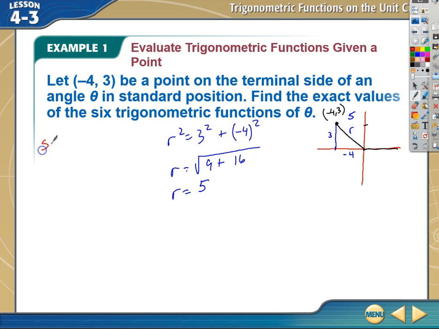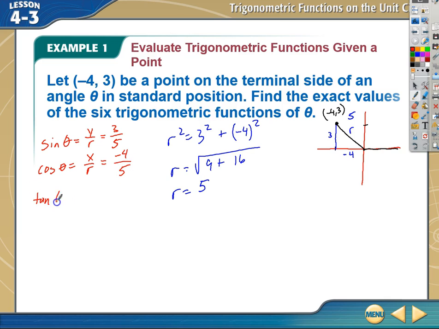I'm able to say that sine of theta is equal to y over r. My y value was 3. My r value is 5. My cosine of theta is equal to x over r. My x value was negative 4. My r was 5.